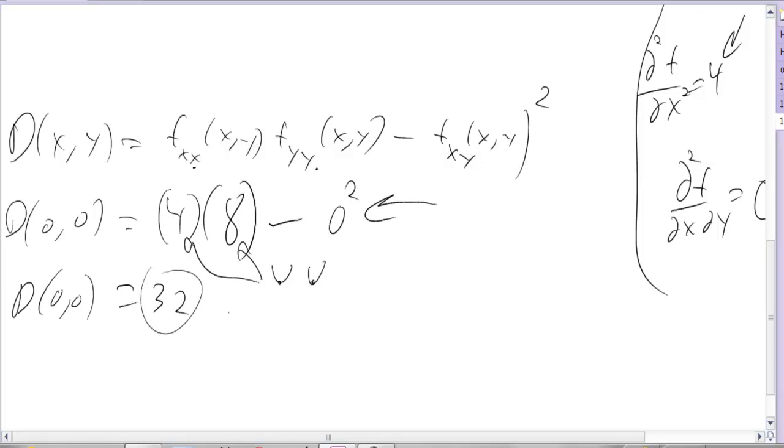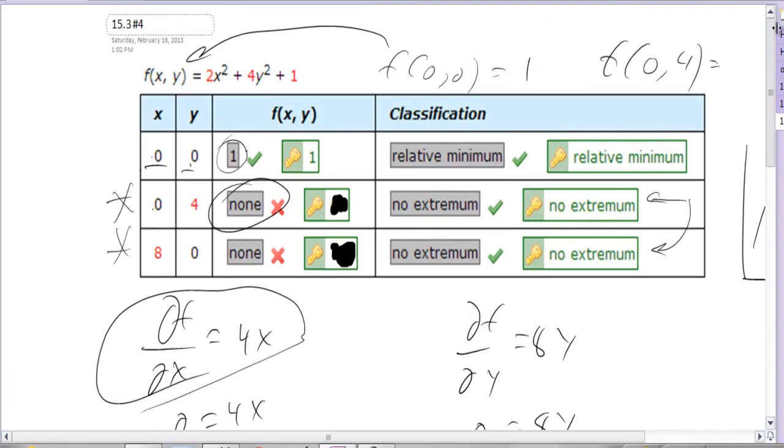So therefore it stays a minimum. If this number was so big that it would drag me down, then I would have to say it became a saddle. So for right now, I'm just going to say this is a minimum. So therefore I know my critical point of 0, 0, 1 is a minimum. I hope that helped.